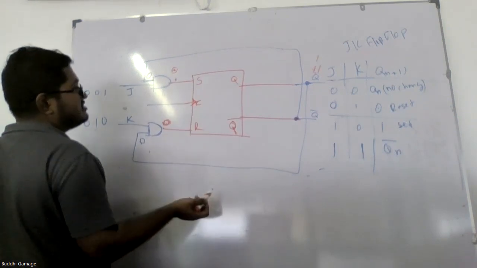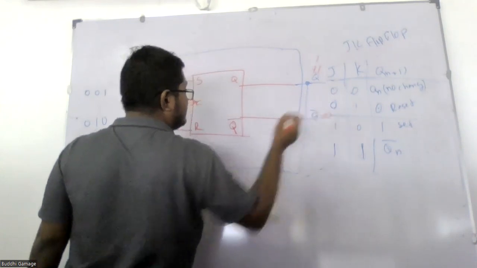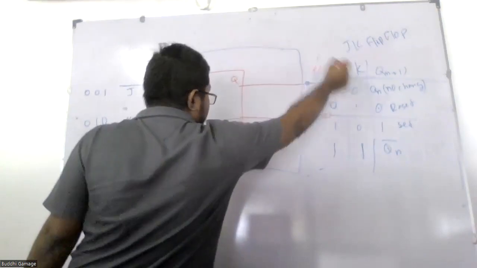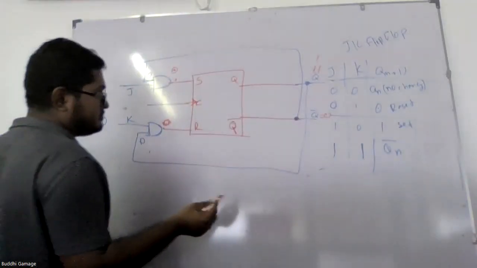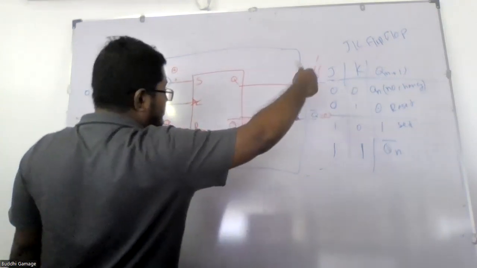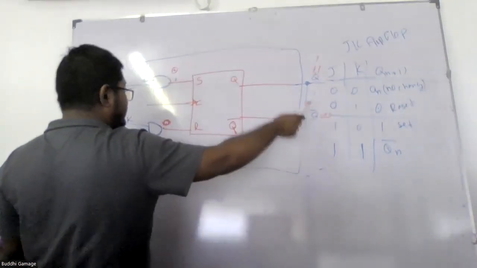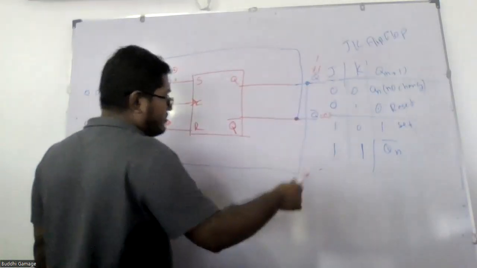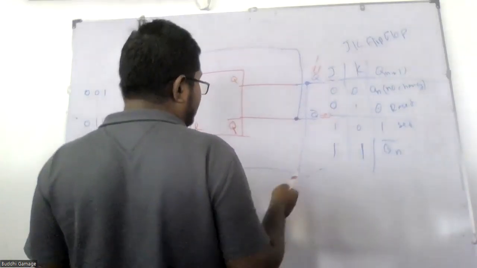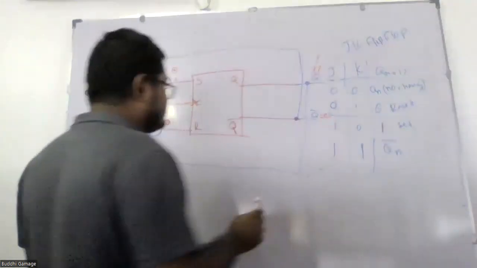It's 0 0, no change state. So no change state means there will be no change. So that means Q bar was currently 0 and is not going to change. And Q is 1, it is also not going to change. So you can see either Q bar is 1 and will reset to 0 and Q will set to 1. And if the Q bar is 0, then there will be no change. So in either case, our next Q is 1 and Q bar is 0. So that means the set state. Right?